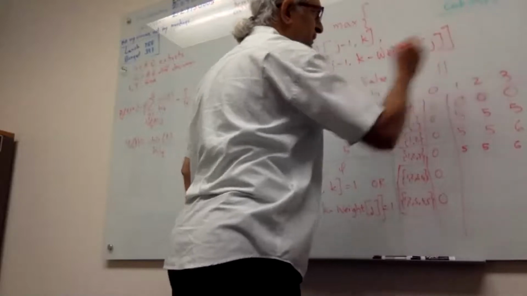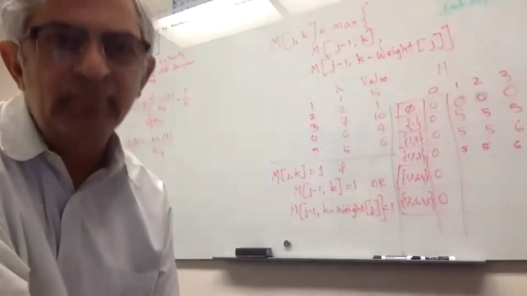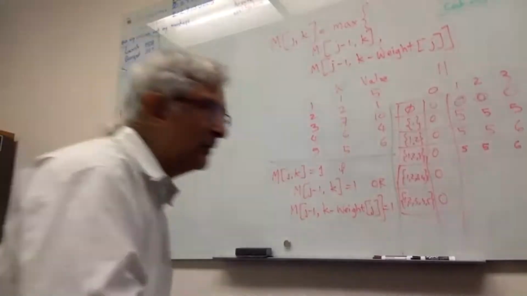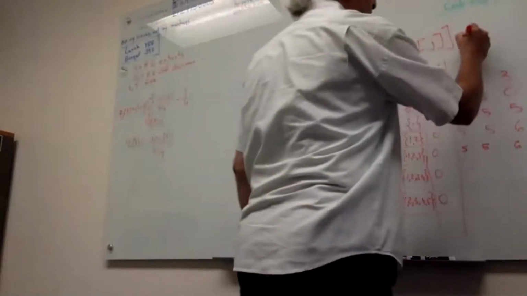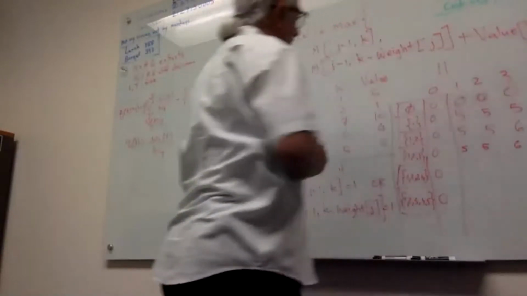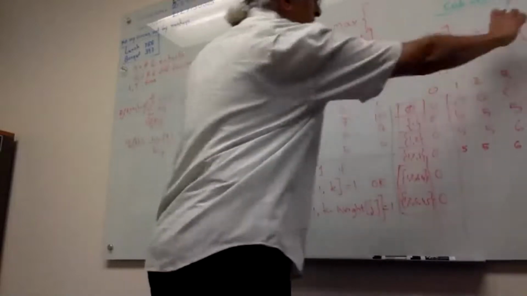But then I have to do something more. Do we have to add the value? I have to add the value of the current item, or value of j. Yeah, value j. So I pick either this guy or this guy, whichever is larger.